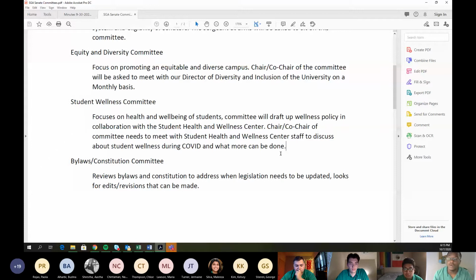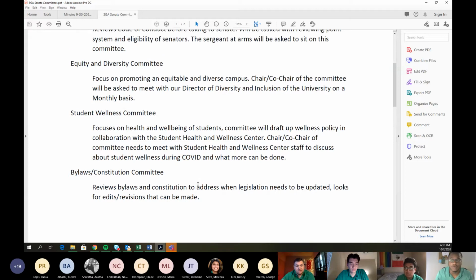For committee members on this committee, I would expect you to meet with the Student Health and Wellness Center at least once a semester to discuss what issues they're having and whether there are any concerns students are having right now. Another idea is surveys: let's assess the student body and see how they're feeling about their mental health. These are things the committee can work on.